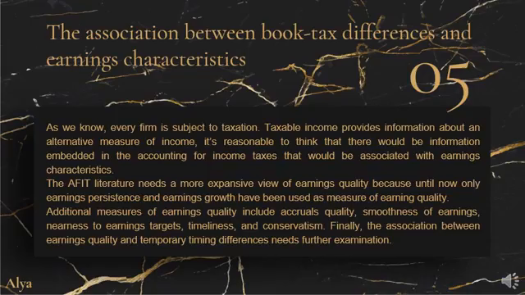They posit that the ratio of estimated taxable income to book income (TIBI) is a measure of earnings quality for 3 reasons. First, discretionary accruals are included in book income but often are excluded from taxable income.